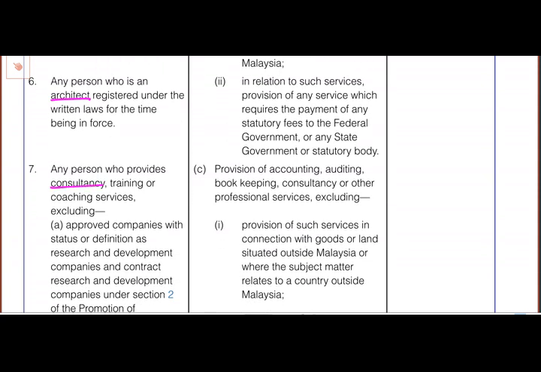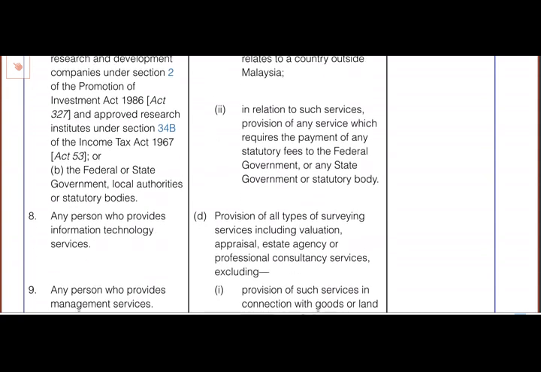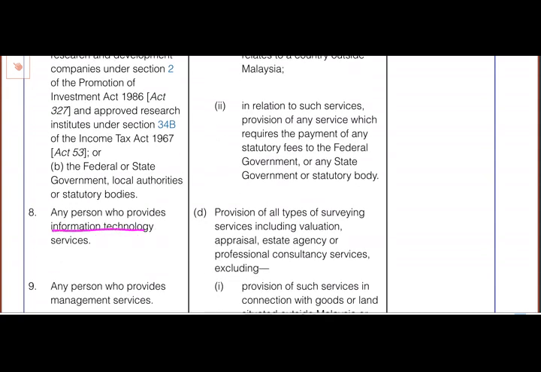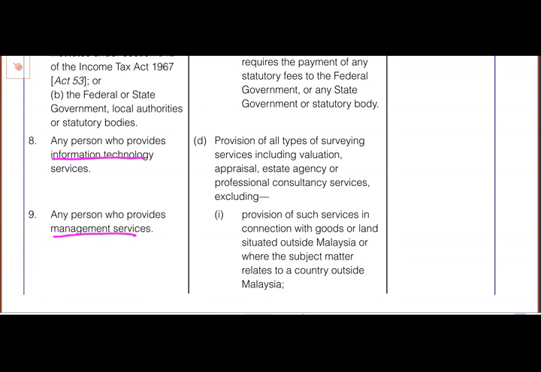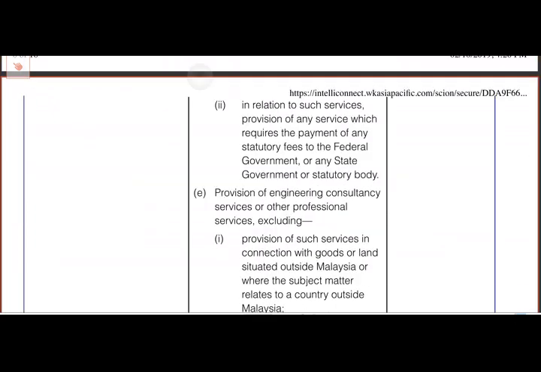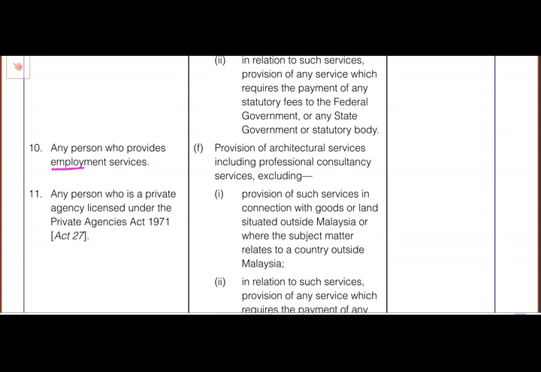Consultant. Now the exclusion I won't run through because it's not relevant to you. So generally consultant. People who offer IT service. People who offer management service. Now the next page, employment service, private agency, okay?